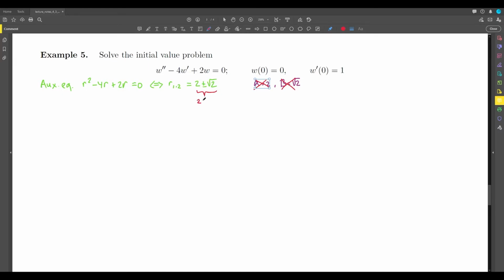So what we actually have to deal with here are two real distinct roots. And that means that our general solution is given by y of t equals c1 e to the power r1 t plus c2 e to the power r2 t.